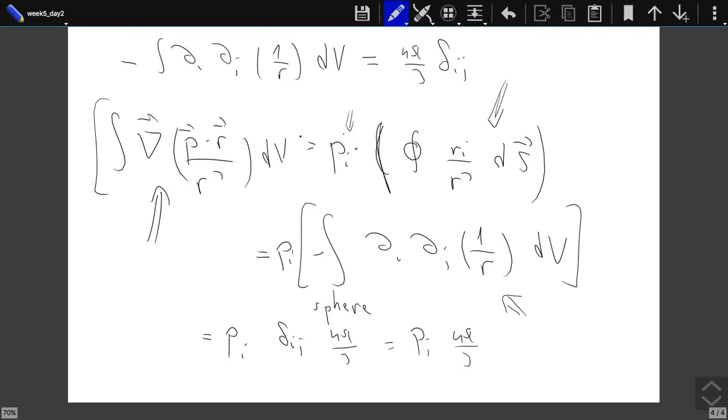So we had started with the j component of this one. This is equal to the j component of this thing. So even the j component is equal to 4 pi over 3 pj. So that almost completes our proof. So where did we miss that j component?